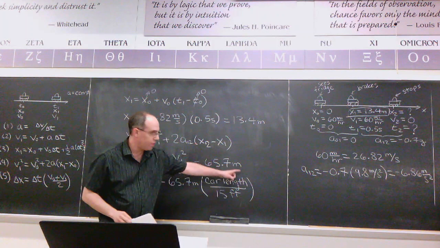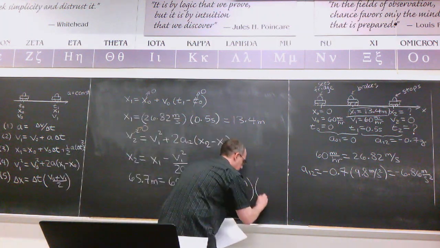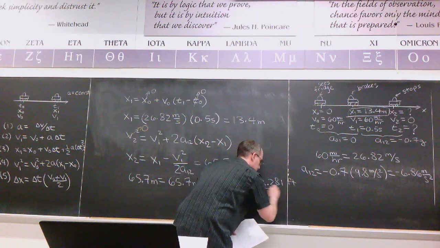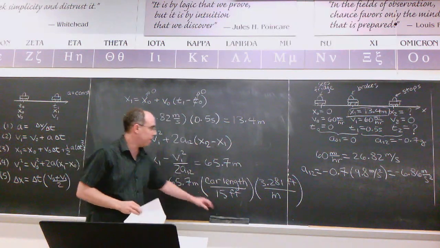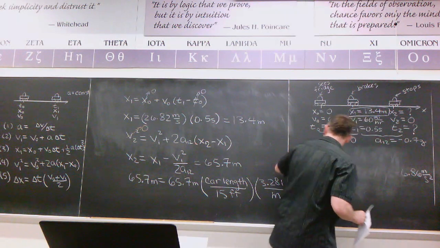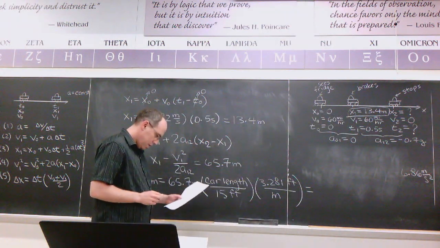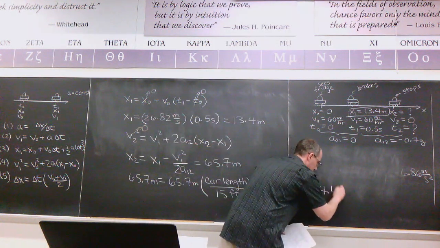We want to convert feet to meters so that we can cancel meters here, and we have 3.281 feet per meter as our conversion factor. For this I get 14.4 car lengths.